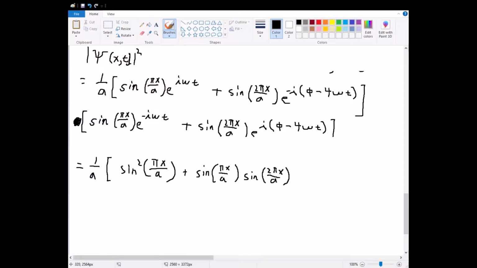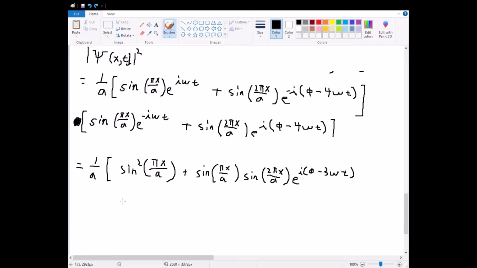And then we have e to the i omega t times e to the i times phi minus 4 omega t. Once we multiply exponentials, the exponents add. So this is going to be e to the i of phi, and then we have minus 4 omega t plus omega t, so phi minus 3 omega t. And now let's do term 2 over here times term 1 on the bottom.